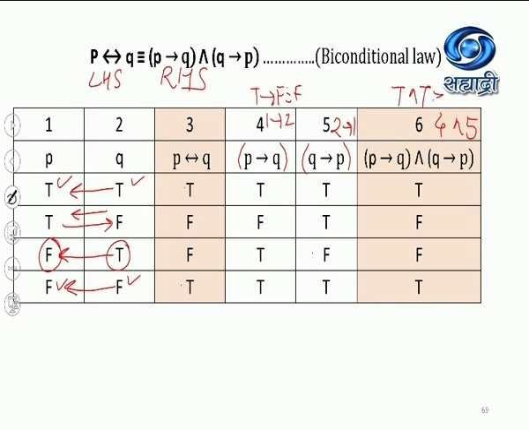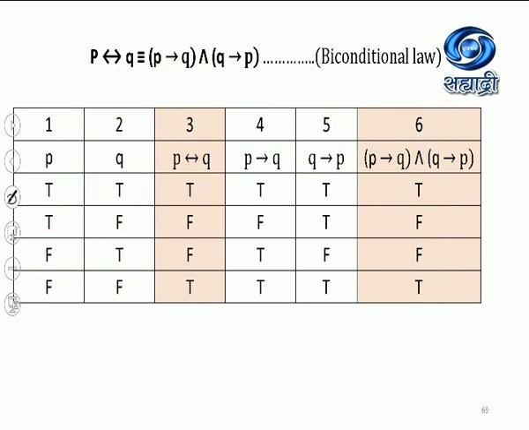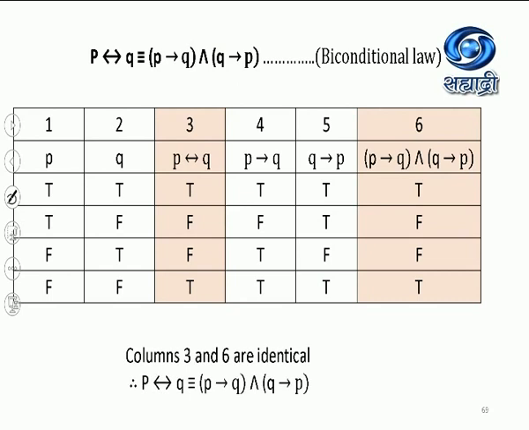T and T is T. Where do I get? Only here. Rest all are F. Now I have left hand side statement pattern in column 3. I have right hand side statement pattern in column 6. You can see the entries in column 3 and 6 are identical, and therefore I can conclude by saying that columns 3 and 6 are identical. Hence, P if and only if Q is equivalent to P implies Q and Q implies P.